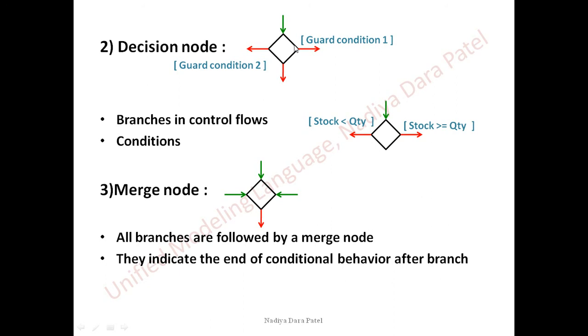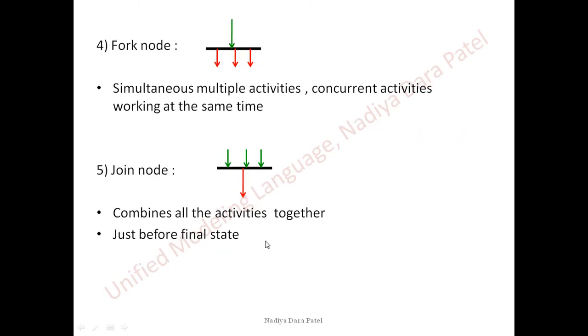This is how you should analyze a decision and merge node. One more difference is, a decision node will always have a condition near it. A merge node will not have any condition near it. When you give an input, it is going to divide it into n number of outputs. When you give all the inputs together, it will collect them and just forward them. This is the basic difference between the two.